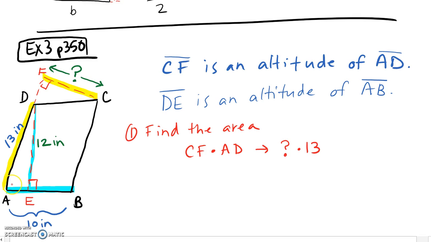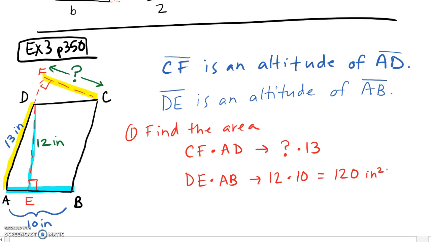That's one area if I use the ones I marked in yellow. Or if I use the other ones, if I have DE times AB, that gives me 12 times 10, which is 120 square inches.